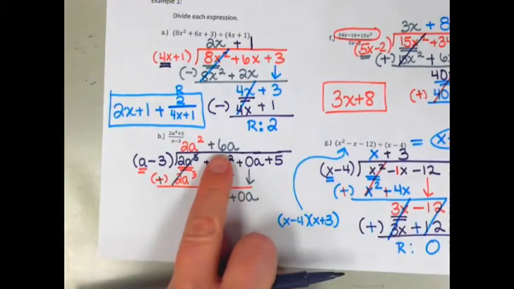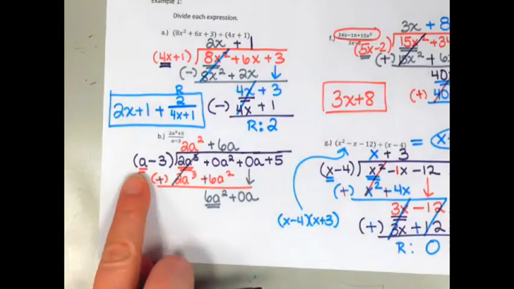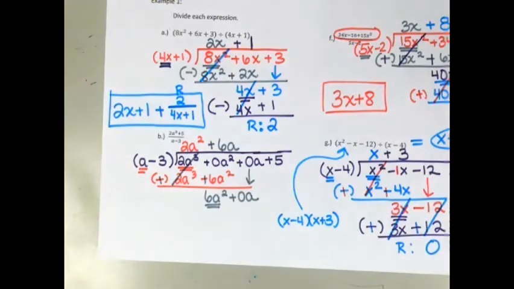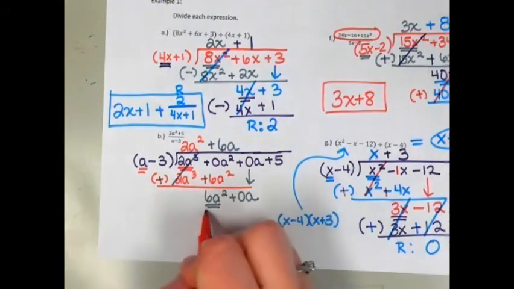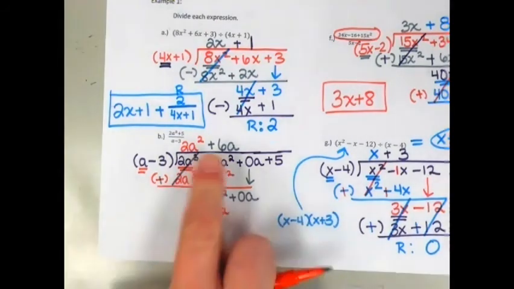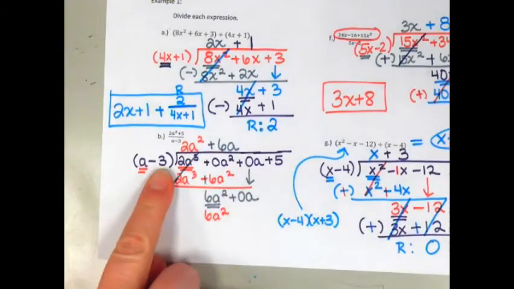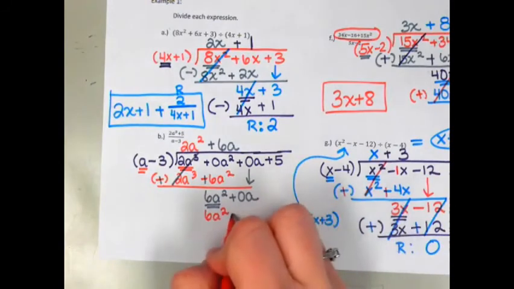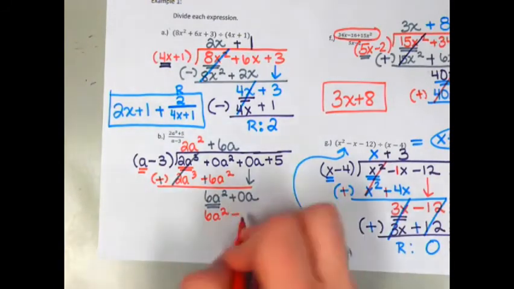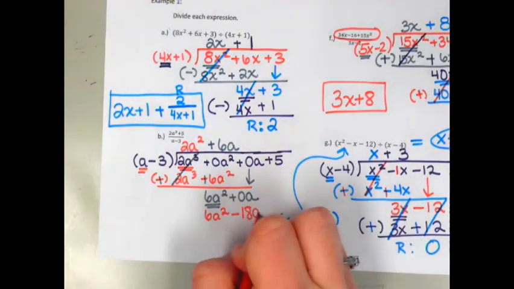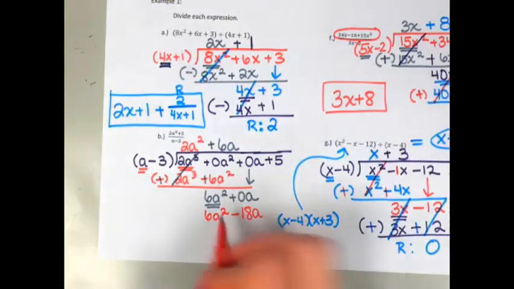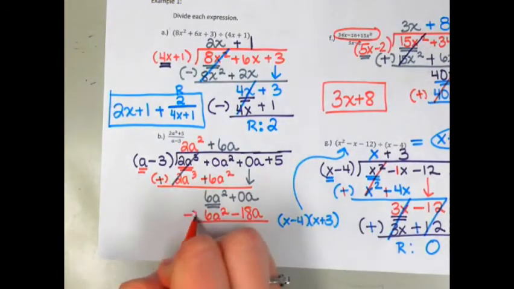What's 6a times a? 6a squared, perfect. What is 6a times a negative 3? Negative 18a, right? All right, and then we're going to subtract, right?